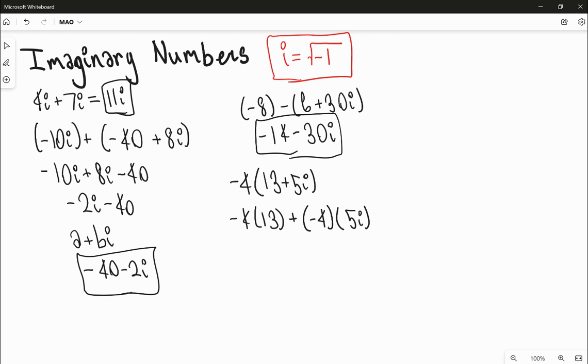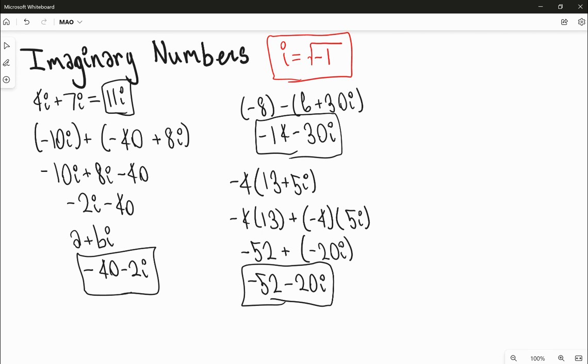I wrote 13 up there. 4 times 13 is 52, so you get -52 plus, let's keep the parentheses, -4 times 5 is -20i. You can get rid of that positive there, so you get -52 minus 20i. And that's your answer for this one.